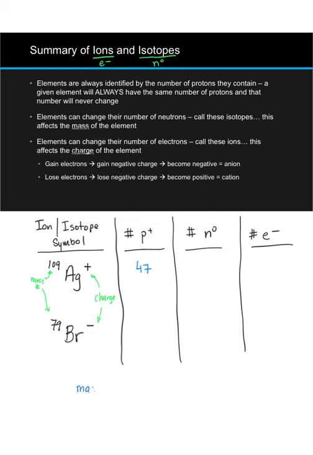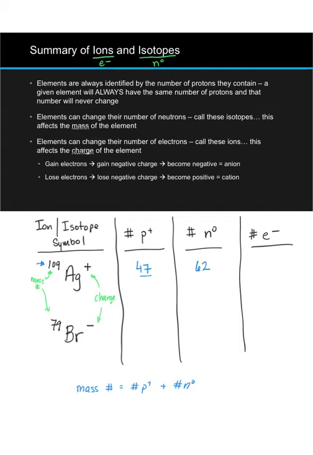A mass number is the number of protons plus the number of neutrons. If we know the number of protons, then we can deduce the number of neutrons by subtracting from our mass number, 109, the number of protons, 47. 109 minus 47 is 62 neutrons.